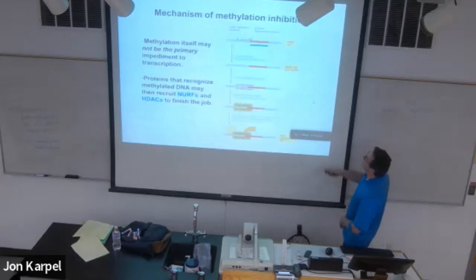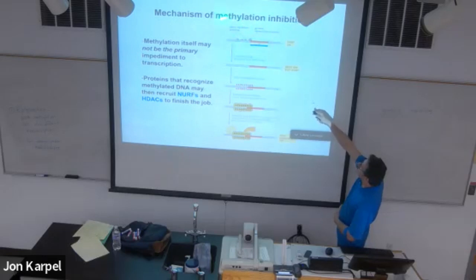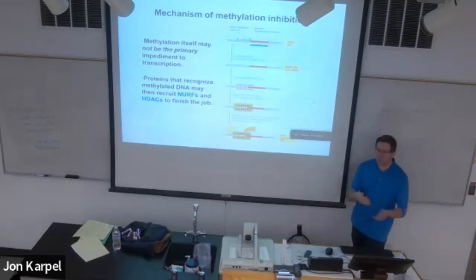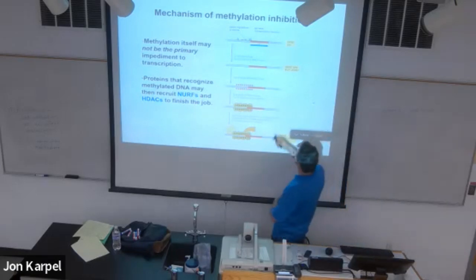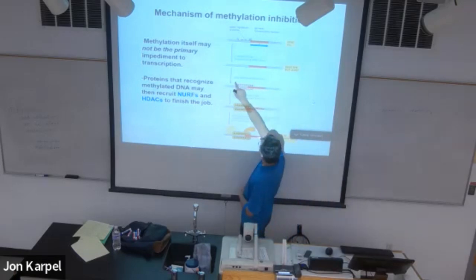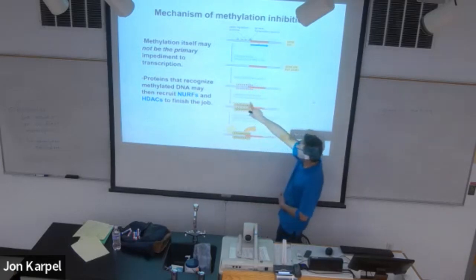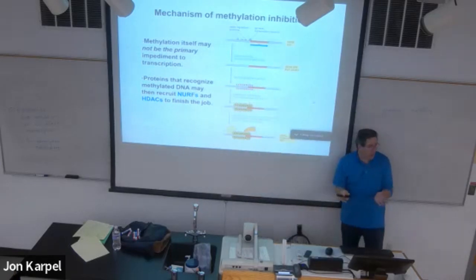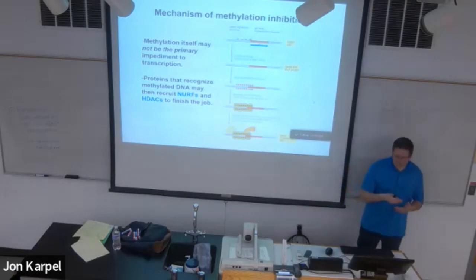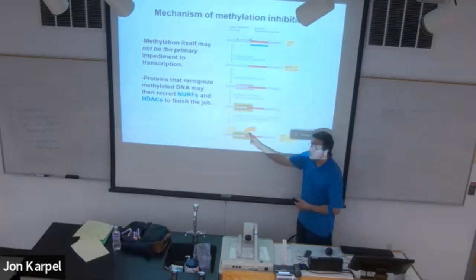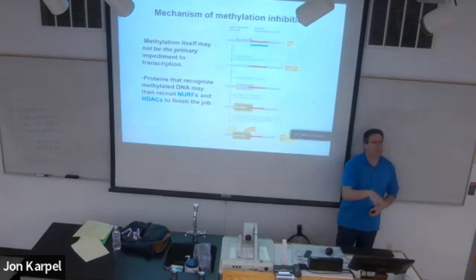So the idea here is, right, we've been talking about the access of these regulatory proteins to the promoter region, whether that's the general or specific transcription factors. Now what we can see is that sometimes if we get methylation patterns in here, this could either block the access that those transcription factors have for the gene, or sometimes they can actually recruit other proteins.